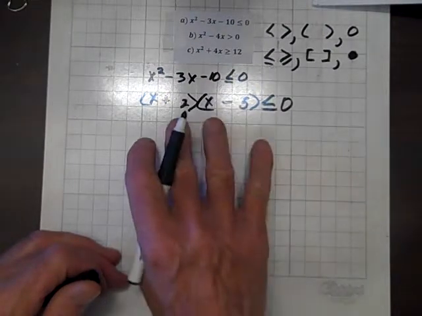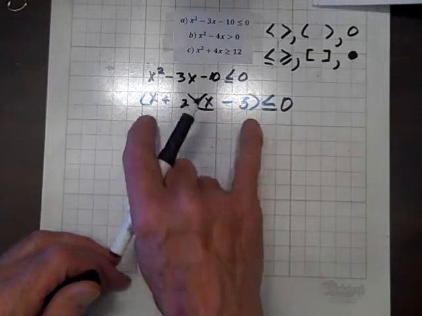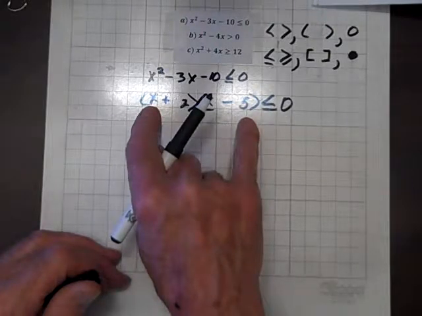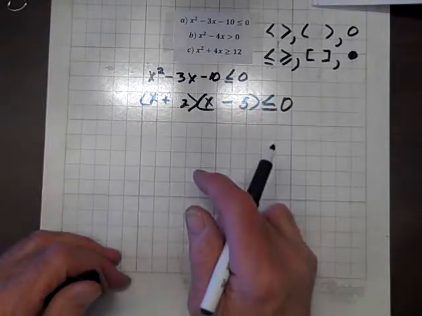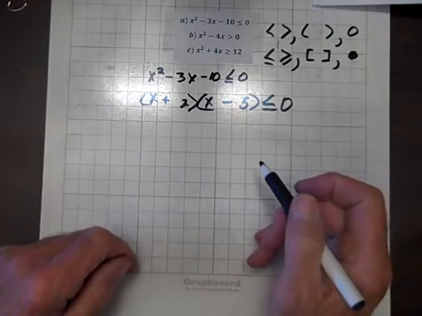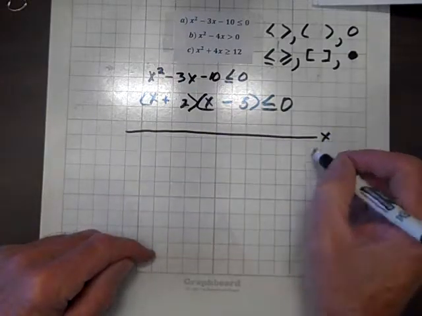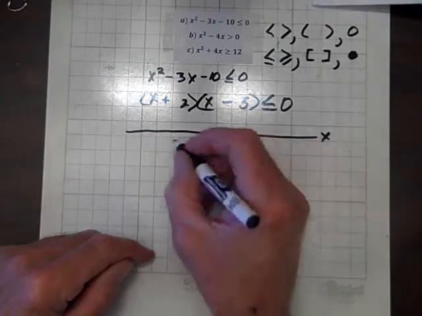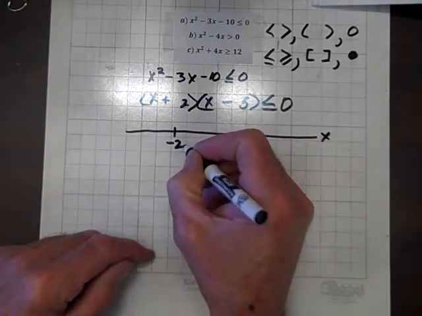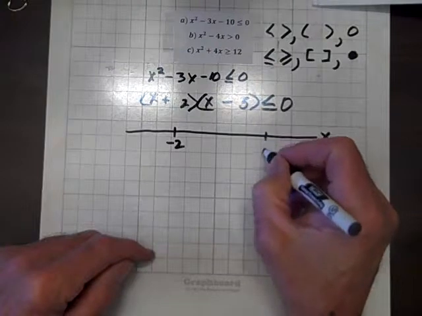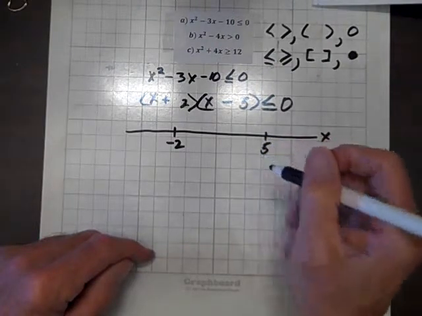Yes, the product of these two is 2x, the product of these two is negative 5x, and the difference is negative 3x. Okay, now we'll draw our number line, and the zeros occur at negative 2 and 5. Those are our hash marks.